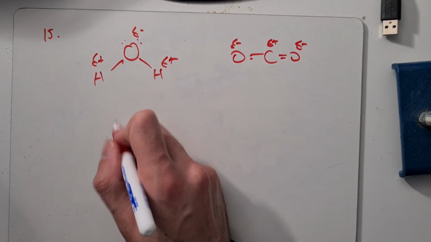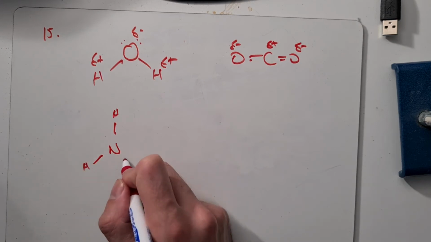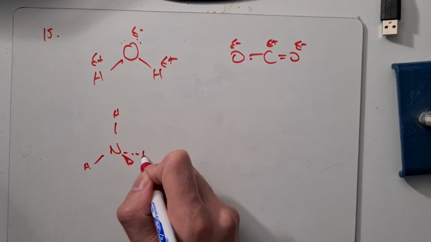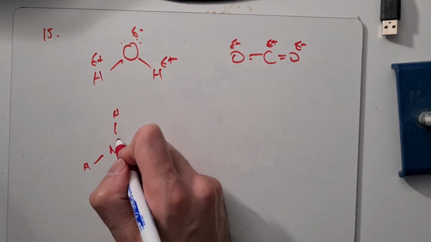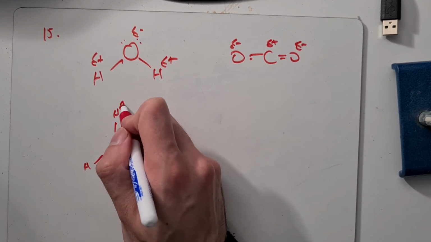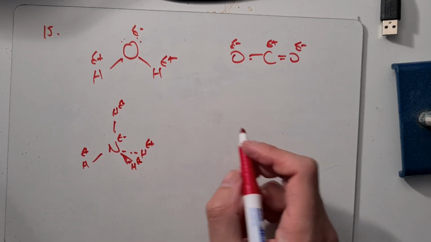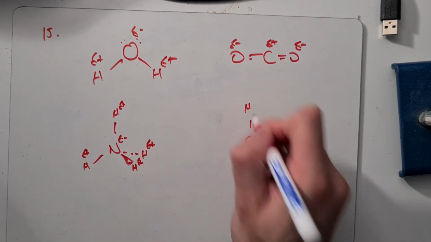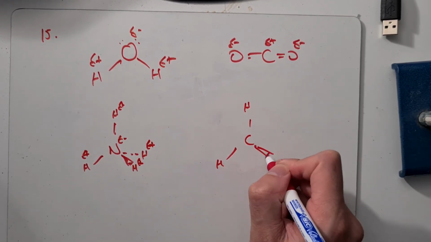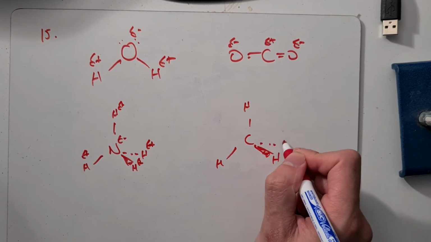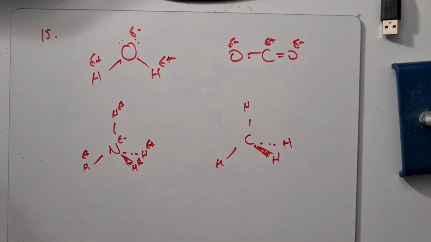Ammonia, which has delta negative nitrogen with delta positive hydrogens all around, and then CH4, which doesn't have any dipoles.